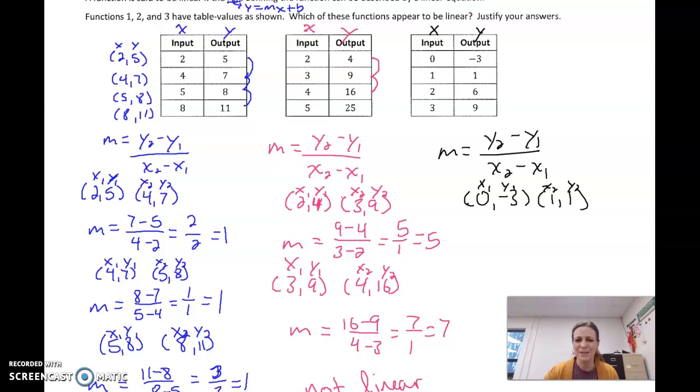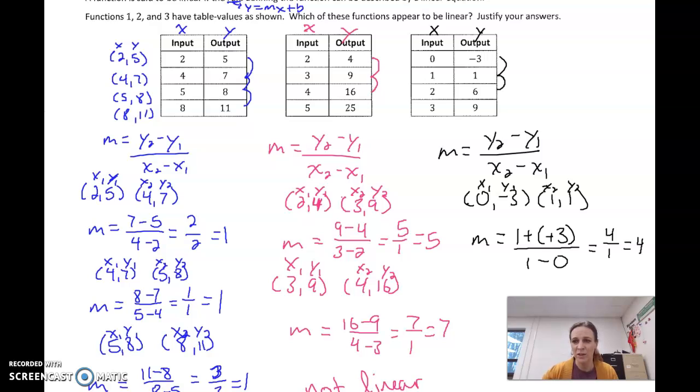This can really get confusing, guys, but honestly, the more you write down, the easier it gets. I know I'm subtracting my y's here, so I'm going to go 1 minus a negative 3. I'm going to be careful about that because I'm subtracting. Don't forget to put the negative there. And then 1 minus 0. Keep, change, that becomes 4 over 1, which is just 4.